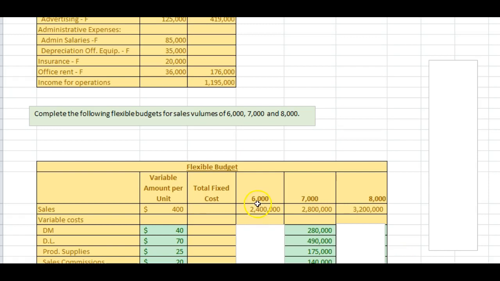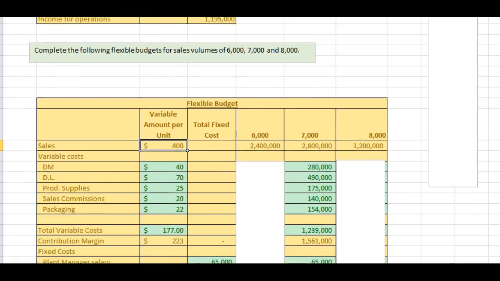So if I take 6,000 times $400, I come up with 2.4 million in sales. And same thing for the 8,000, I come up with 3.2 million. And here's our per unit.